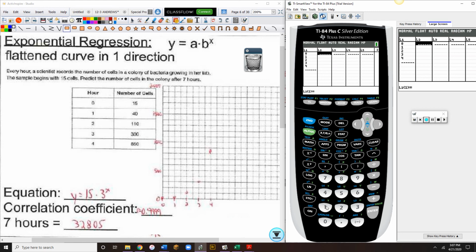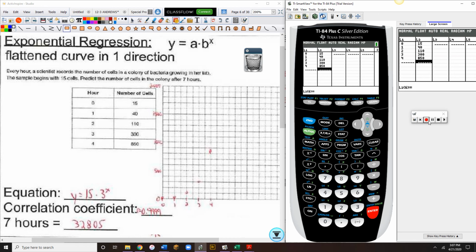And my number of cells, I've got 15, 40, 110, 300, and 850. Before I leave this screen on my calculator, I'm just going to double check and make sure that I don't have any typos.